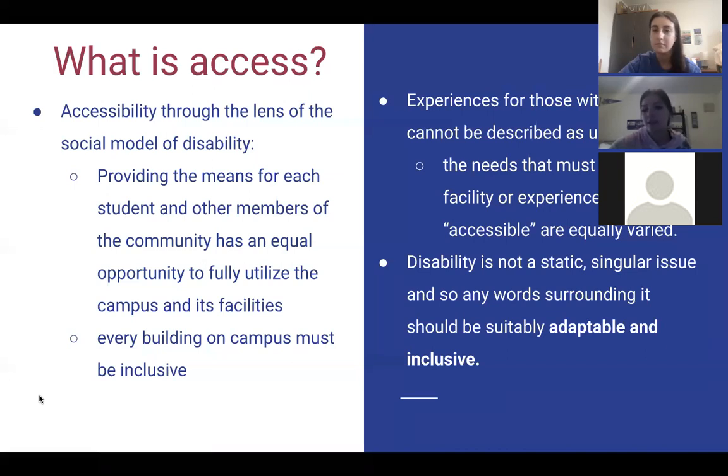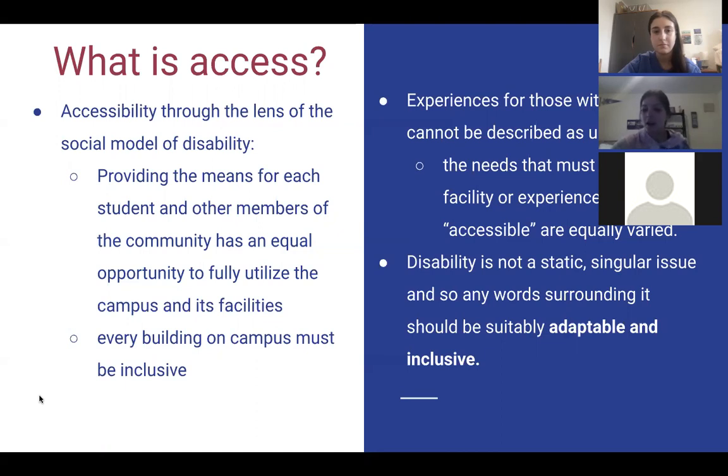Even though there's no such thing as full equal accessibility, there's still guidelines that we can use to make a definition. And so to ensure accessibility, every building on campus must be inclusive. As I said, experiences for those with disabilities cannot be universal. Everyone has different needs that must be met.